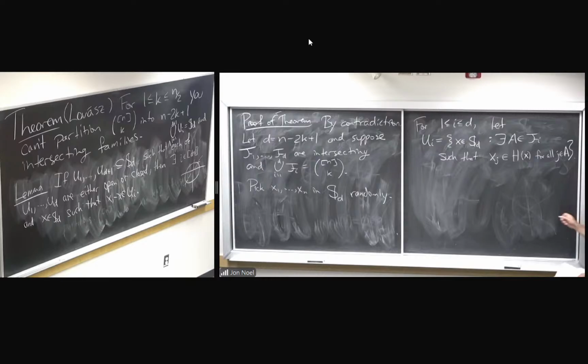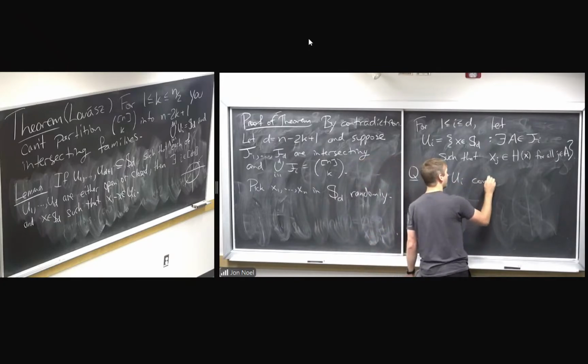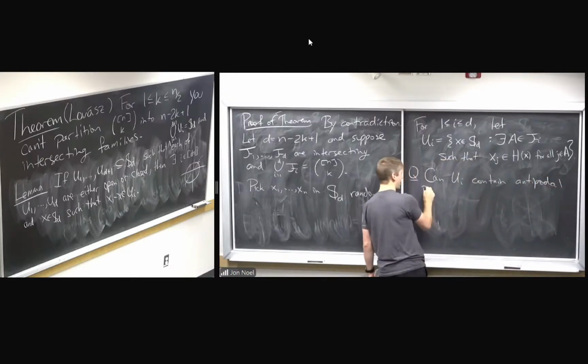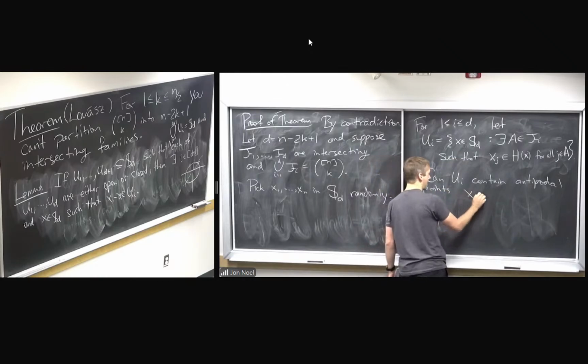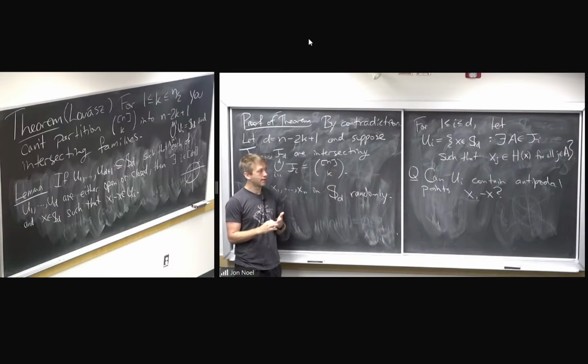But here's the key question to ask about this. Can Ui contain antipodal points, let's say x and minus x? And if not, then what would be the contradiction?